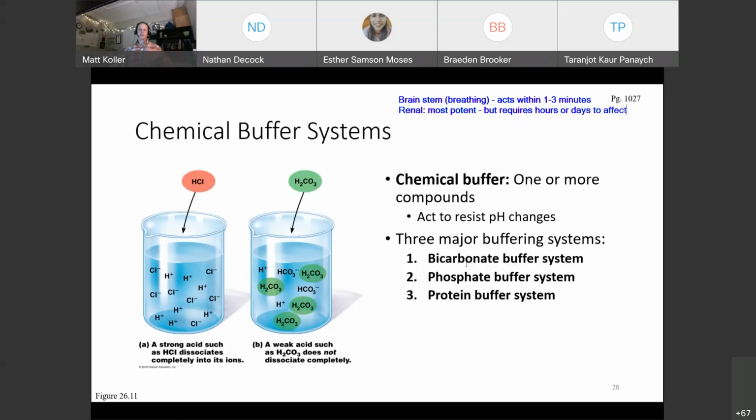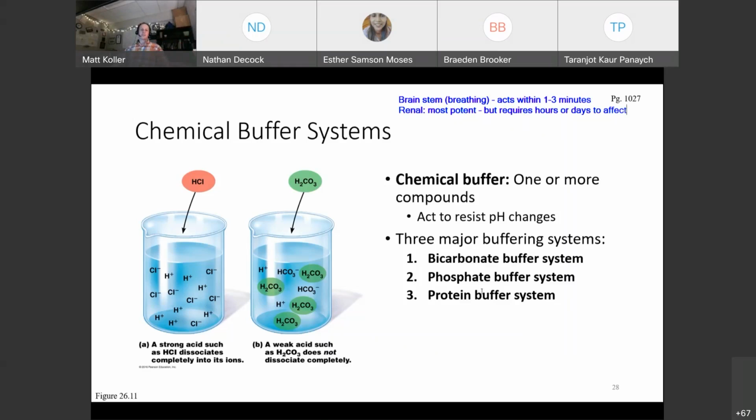So if a strong acid is added, the bicarbonate ions, so the HCO3 with a negative sign, will tie up these hydrogen ions and form H2CO3. So the pH will go down slightly unless all the available bicarbonate is used up. And bicarbonate is regulated by the kidneys. So the kidneys will release or absorb HCO3 according to what is needed within the human body.